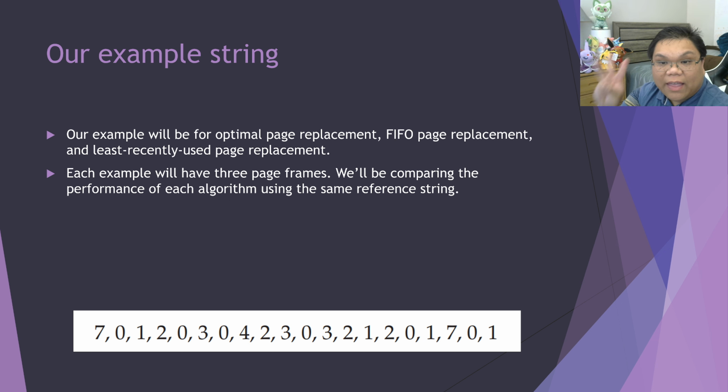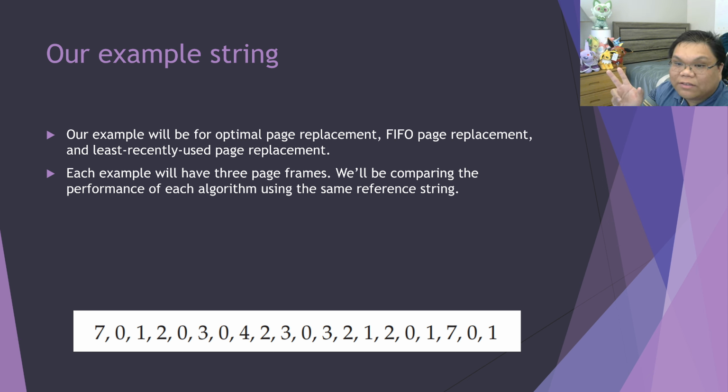So we're going to look at three page replacement algorithms and see how they perform against one another. We're going to use this reference string to see how well each algorithm performs. There are more page replacement algorithms than this, but we're just going to start with these three for now.